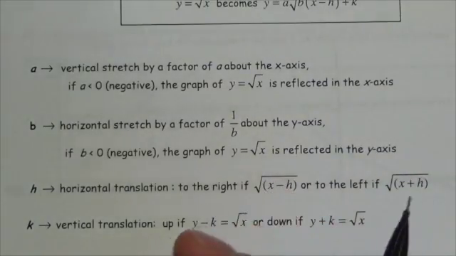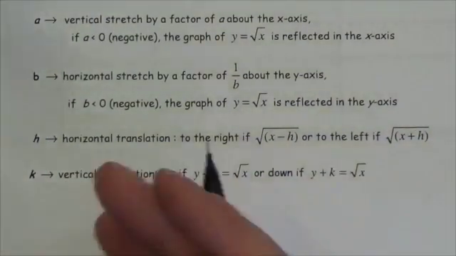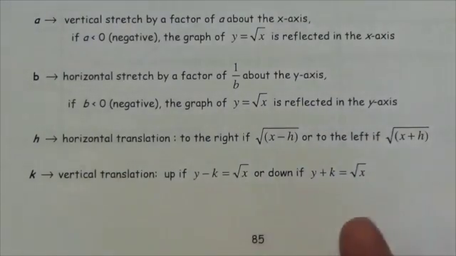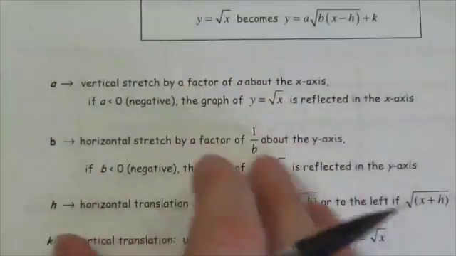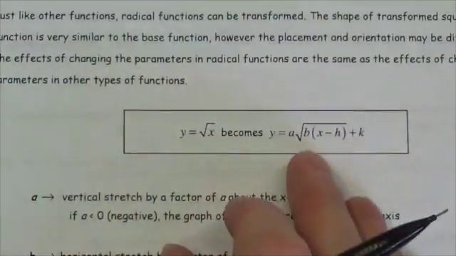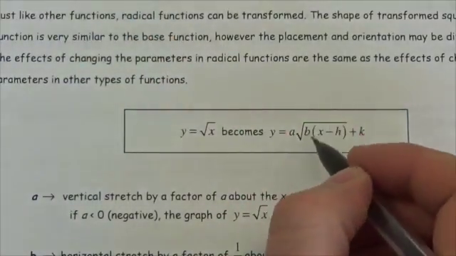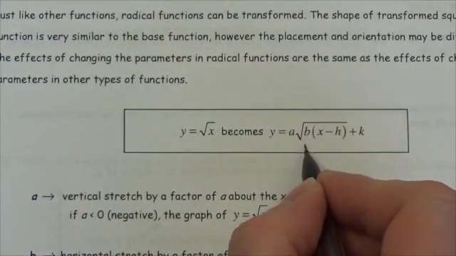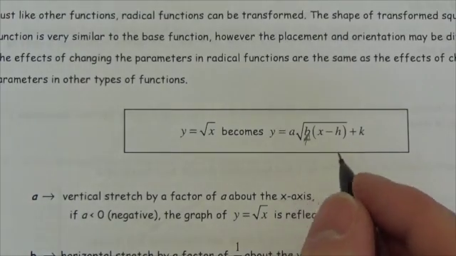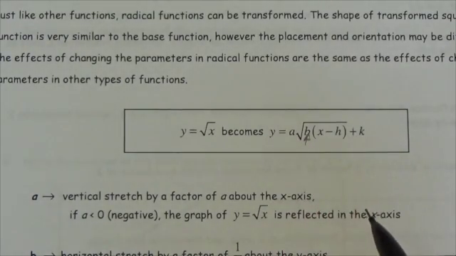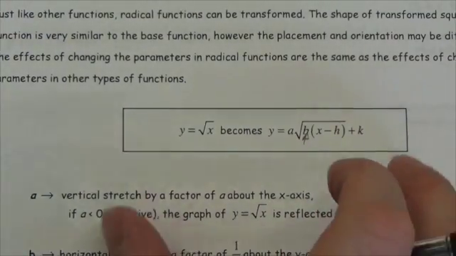B is a horizontal stretch or a reflection. H is responsible for horizontal translations, and K is responsible for vertical translations. So there's nothing new here. We can do all the exact same transformations to this function as we've done to every other function, and the rules still apply. For example, B is a horizontal stretch by a factor of 1 over B. You'd still reciprocate it, and so on. Nothing new in that regard.